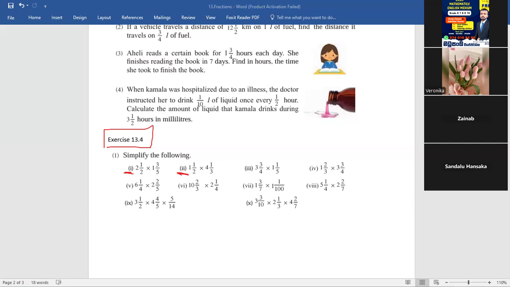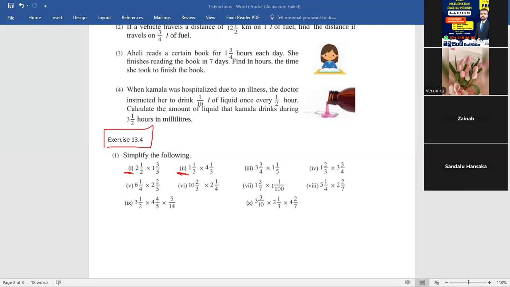We're going to take the first one. How do you write it as a mixed number? Because 4 divided by 1, right? What is the answer for 4 divided by 1?